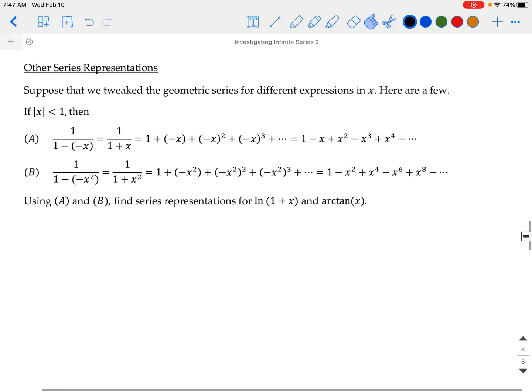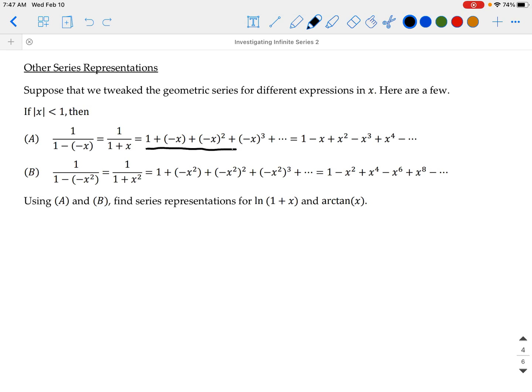So for our geometric series, we'll just note that we can tweak this in an infinite number of ways as well. So note, if we change what the x term looks like, so if we take negative x or negative x squared, etc., we can rewrite our function expression, obviously. So 1 over 1 minus negative x is going to be the same as 1 over 1 plus x.